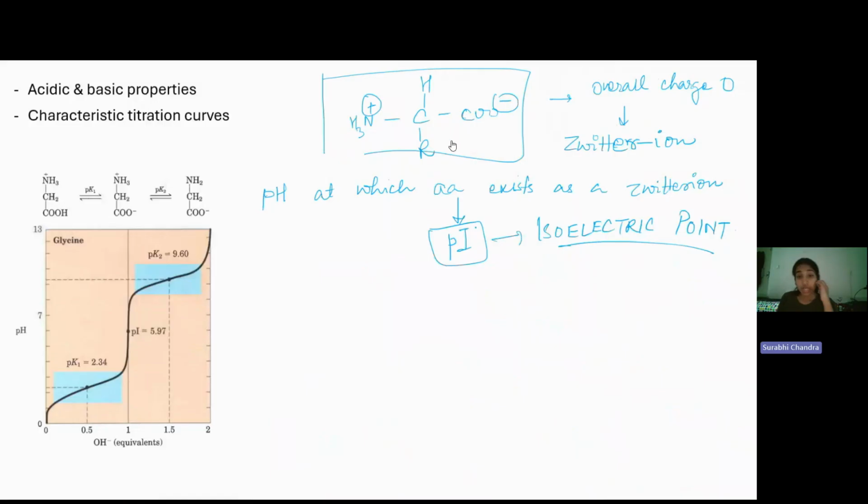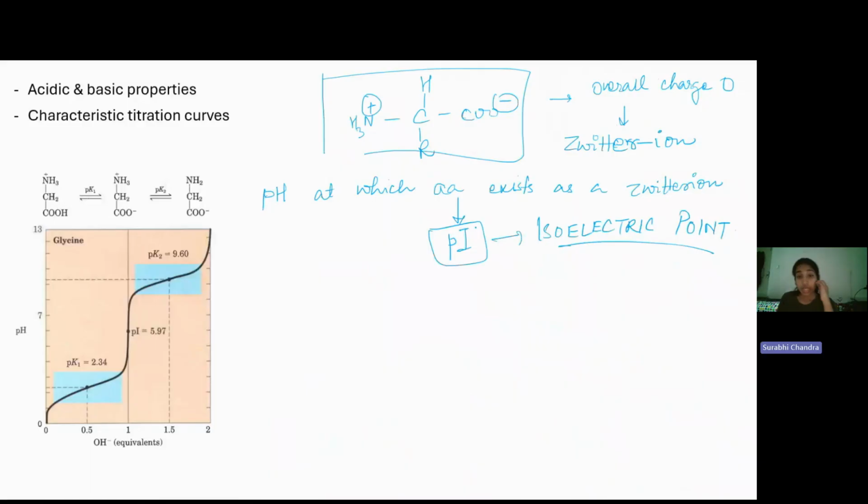However, if it was positively charged, it would try to move towards the negatively charged electrode. If it was negatively charged, it would try to move towards the positively charged electrode. However, when it reaches the isoelectric point and exists as a neutrally charged molecule, it won't be moving anywhere in an electric field. It will stay at that particular point wherever it is present.